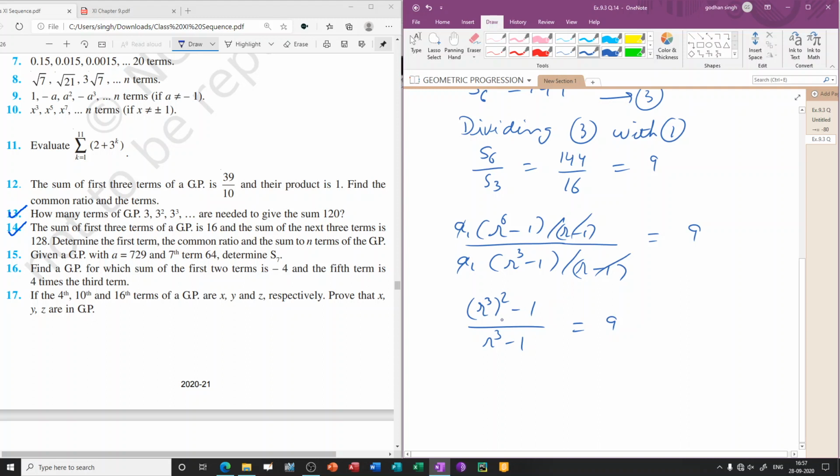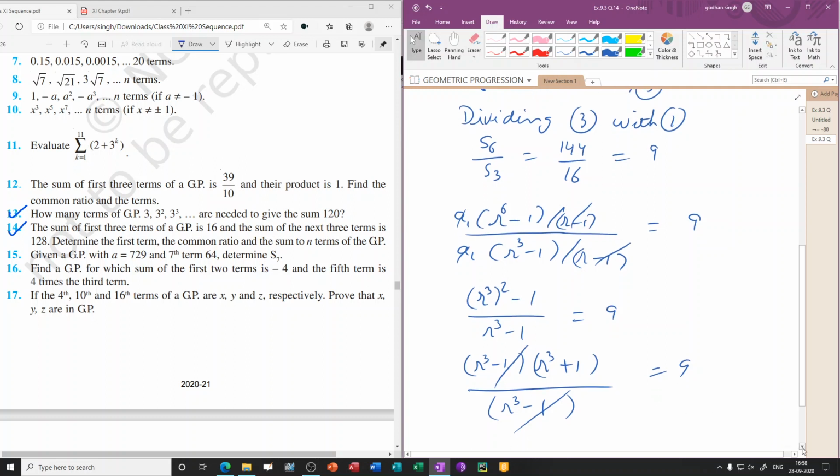Then we know that a square minus b square is a minus b into a plus b. So this can be written as r cube minus 1 into r cube plus 1 over r cube minus 1, and that is equal to 9. So these two will be cancelled out, and what we are getting is r cube plus 1 equal to 9.